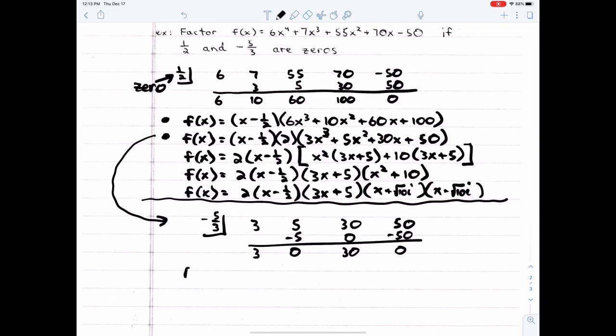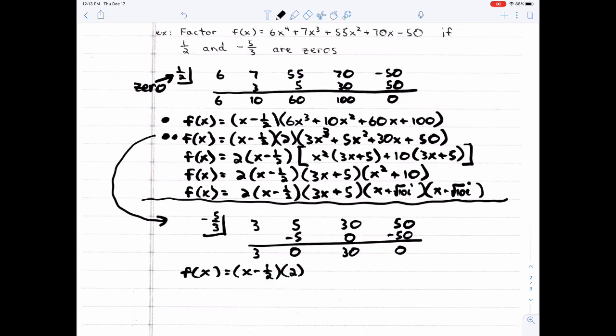f of x equals. Now, we have to bring down the factors we've already got. And what factors do we already have? We already have x minus, and I'm taking it from this line right here, x minus a half, 2, and now, what I was factoring was 3x cubed plus 5x squared plus 30x plus 50.